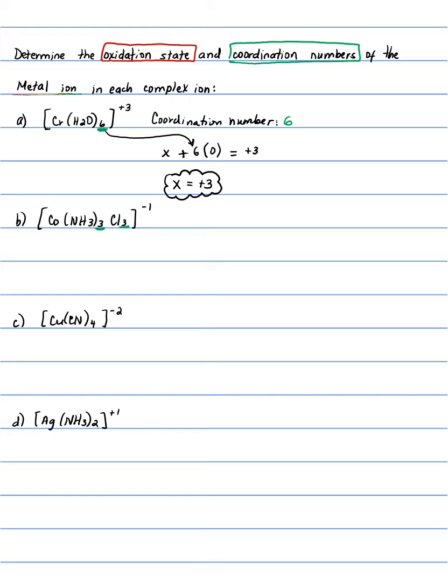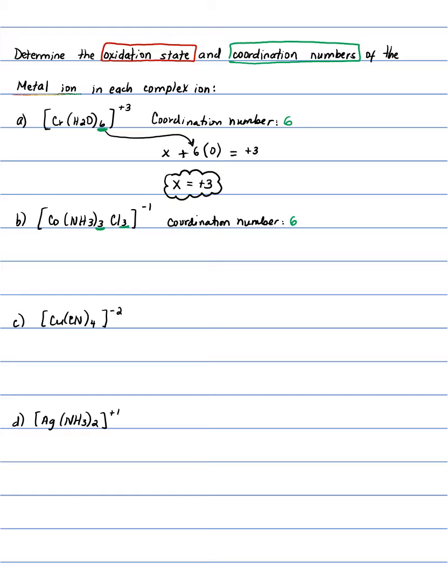So your coordination number for this example is also 6. It's just the total number of ligands that you have bonded to that metal, and that is 6 because you have 3 ammonias and 3 Cls.